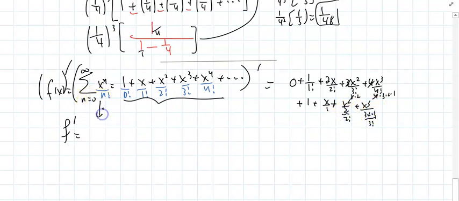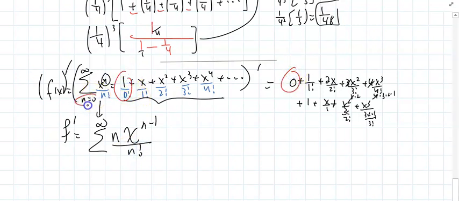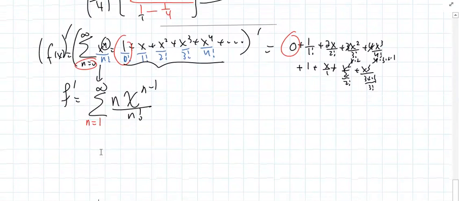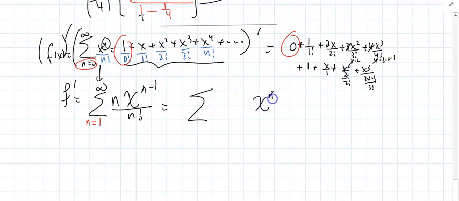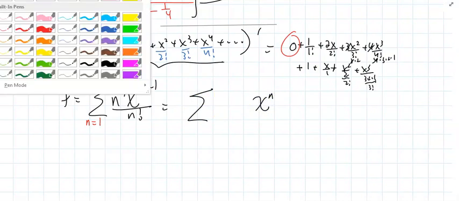If this is what I have and I want to take a derivative, guess what? All what you do, you bring the power down, subtract 1 from the power. But do you see that by taking a derivative, I lost a term? I will have to boost that index 1 up. And if I want to make that x to the n, I could do that.